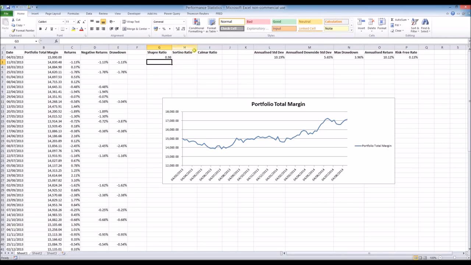Now, looking at that equation, on the numerator it's got our annualized return, it's taken away the risk-free rate, so we only analyze our risk-taking return, and then divided it simply by the annualized standard deviation. So a value of 0.98, when you compare it to industry, is okay, not that great. Generally, Sharpe ratios above 1 are considered good, and above 2 are very good or excellent.